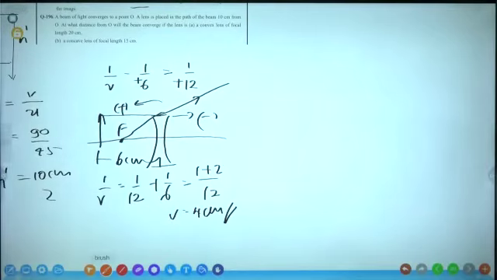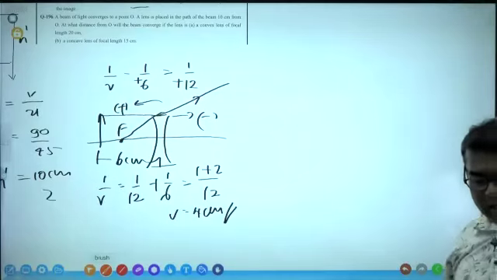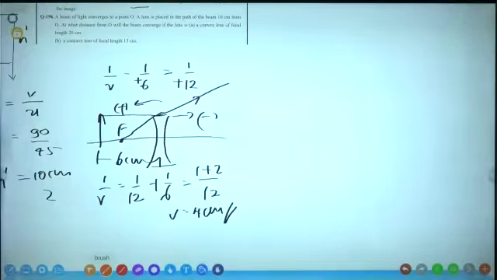(196). A beam of light converges to a point O. A lens is placed in the path of the beam 10 centimeter from O. At what distance from O will the beam converge if the lens A is convex lens of focal length 20 and concave lens of focal length 15 centimeter?